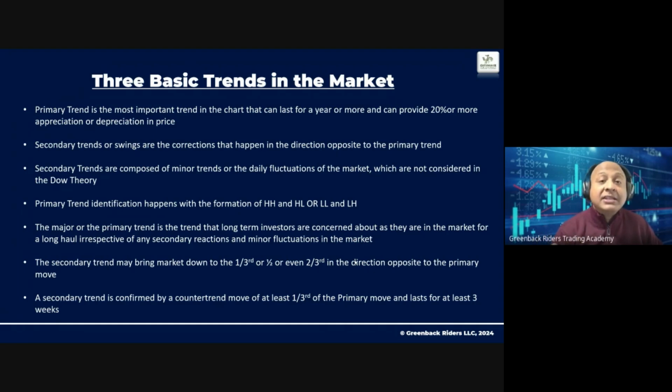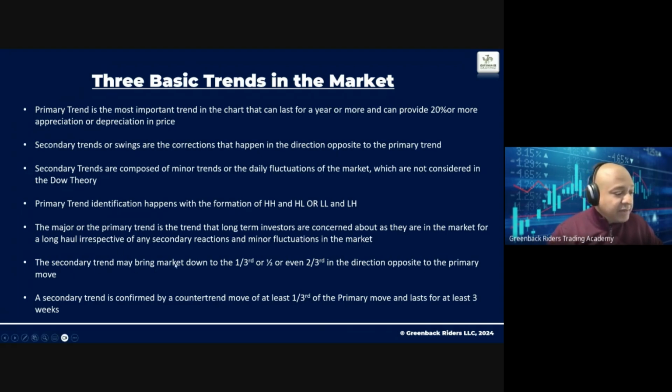But if they see that the market has actually taken out that major lower low, which everyone was looking at, people start to think that, okay, this may actually turn into a primary trend, right? But then we still keep an eye on how far the market is going to come down before we decide which way the market will go.